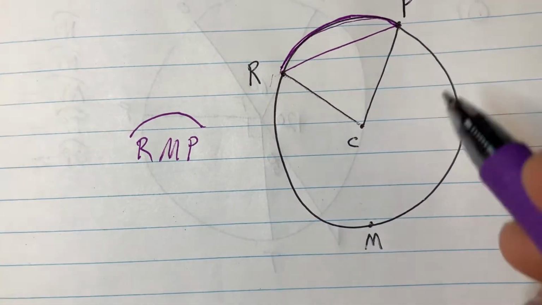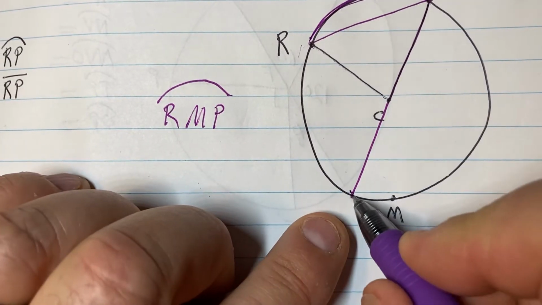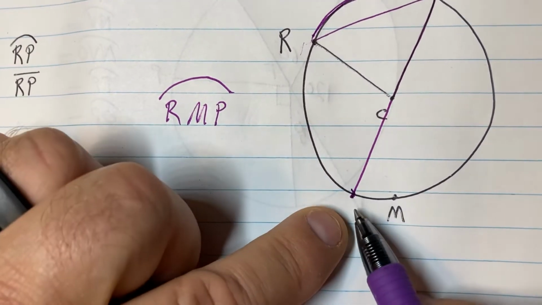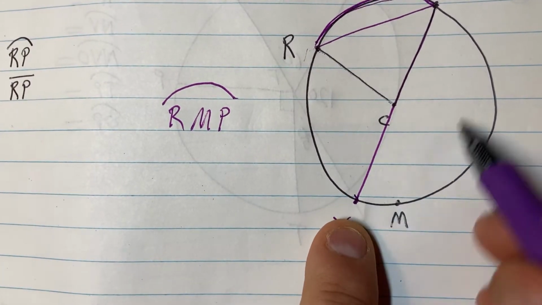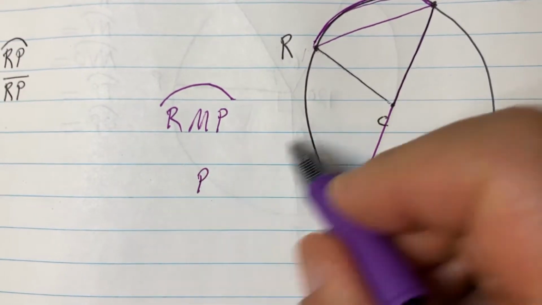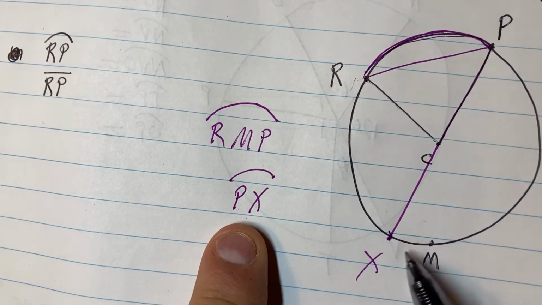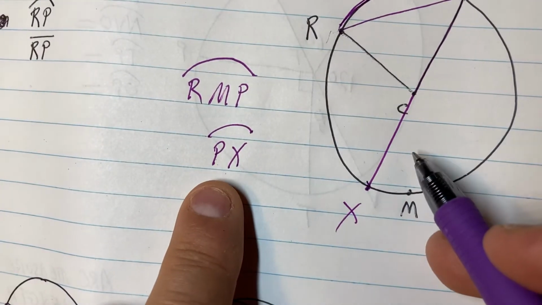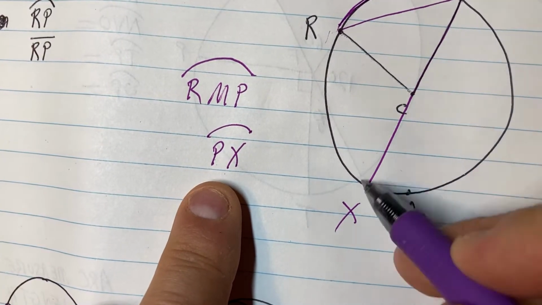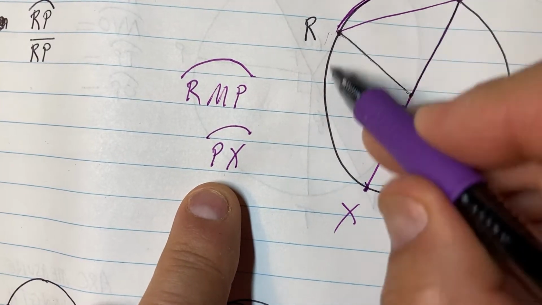What about exactly 180 degrees? If that was a diameter, give me any letter of the alphabet you want. X, good choice. If you say arc PX, which arc is it? If you want to be specific, you have to say. If that's a diameter, it won't matter because that's 180 degrees, and that's also 180 degrees.